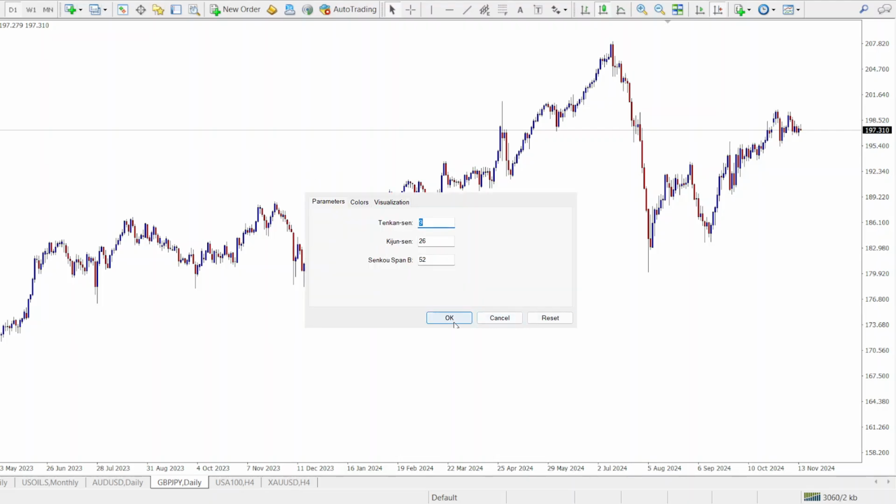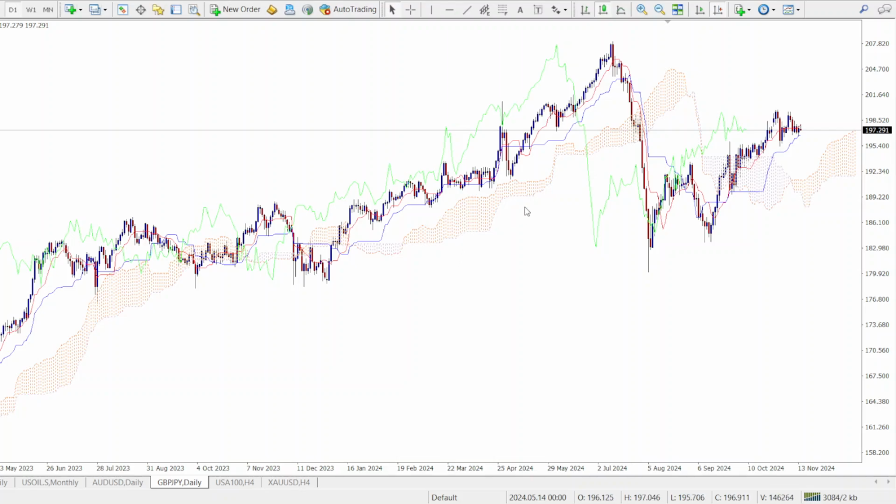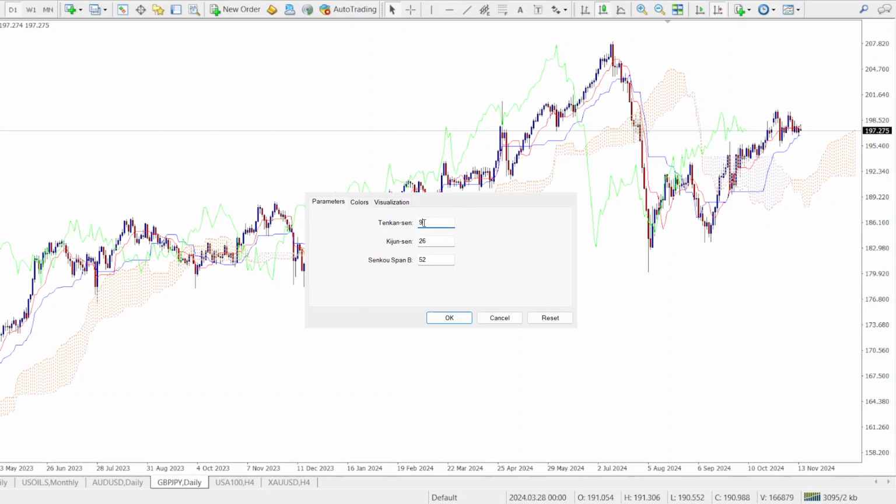So this is the Ichimoku Kinko Hyo indicator. It comprises the Tenkan-sen, the Kijun-sen, the Chikou Span, and the Kumo Cloud. Together, these components give us a complete picture of support, resistance, momentum, and trend direction.